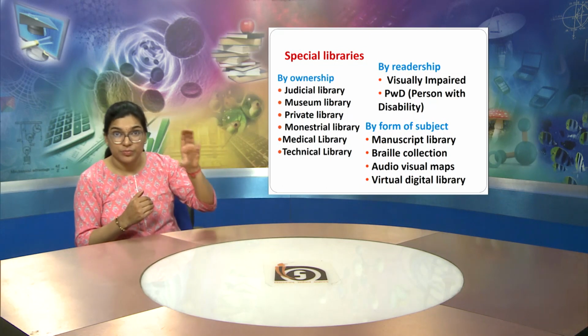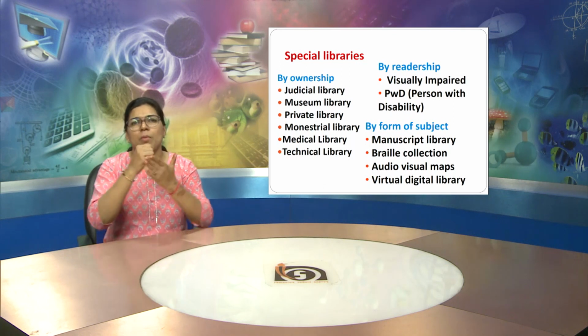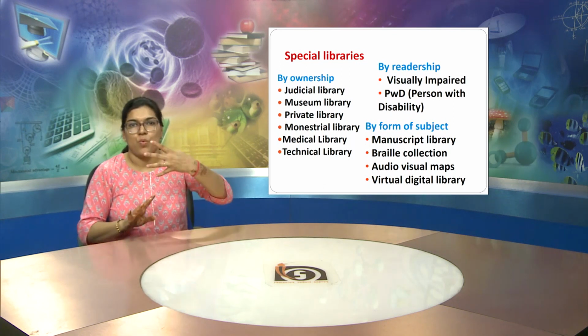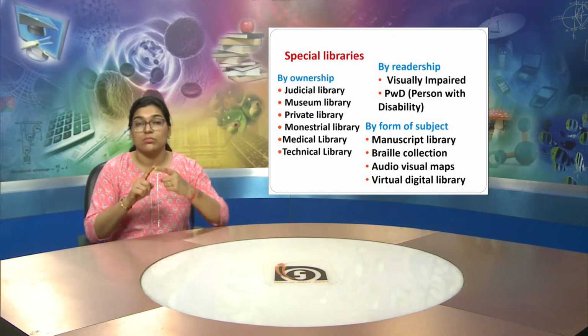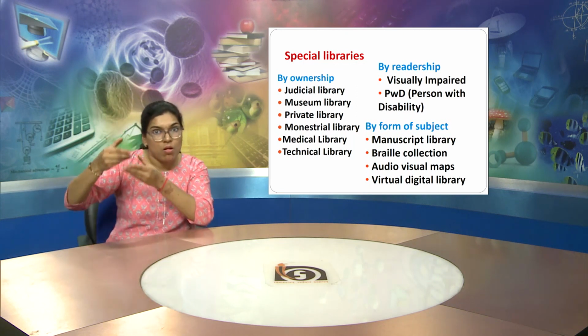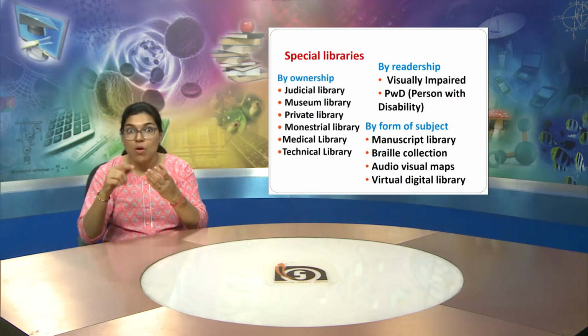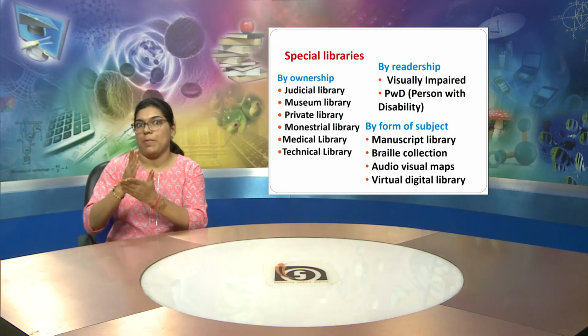And the third categorization which comes under special library is by form of subject. We know that there are different kinds of subjects, but in the form of subject, we categorize this library into four main subtypes. The first type is the manuscript library.